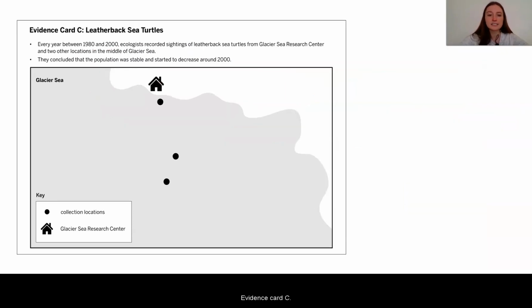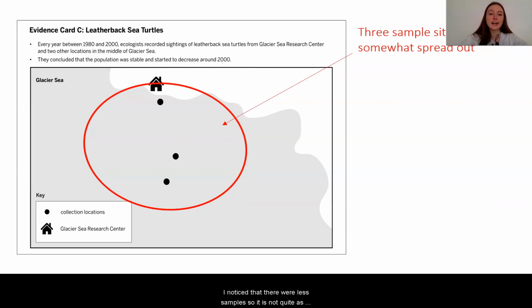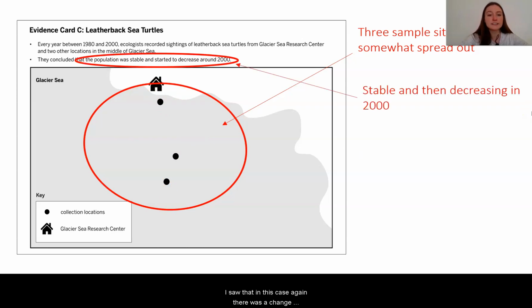In evidence card C, I noticed that there were fewer samples, so it is not quite as reliable as the zooplankton evidence, but I am happy to see that there is a population sample by the shore and also some further out. I saw that in this case, again, there was a change happening around 2000, but this time the population was starting to decrease.